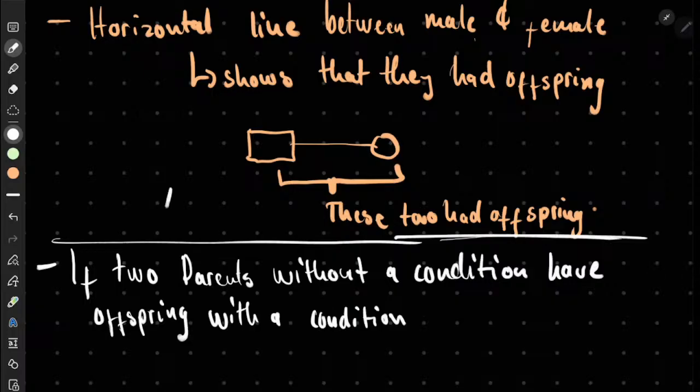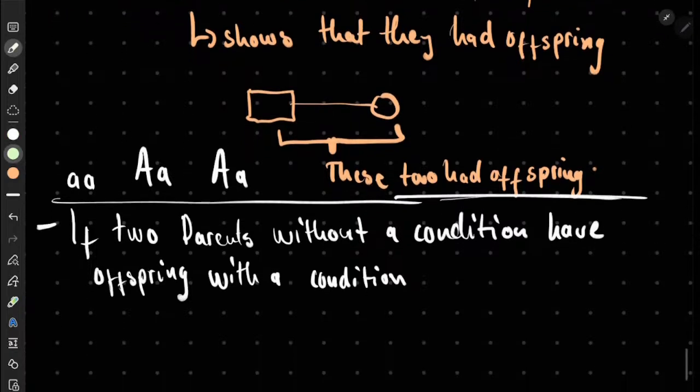Yeah, they're carriers, which means they were heterozygous, like Aa, something like this. These are the parents. So they were not having it, then they have a child which is like this. So this is going to be the child, but it also shows the condition.